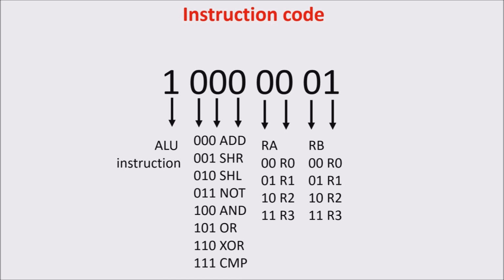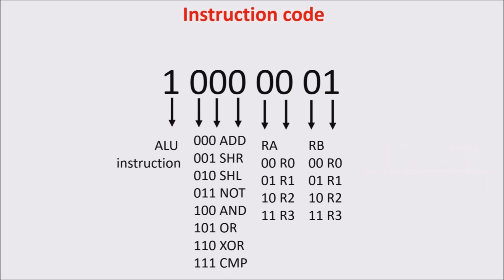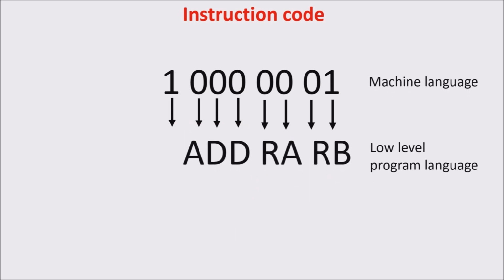Both register A and register B are composed of the same 4 registers, R0 to R3. Our instruction states to add R0 to R1 and put the result in R1, or more generally to add RA to RB and put the result in RB.